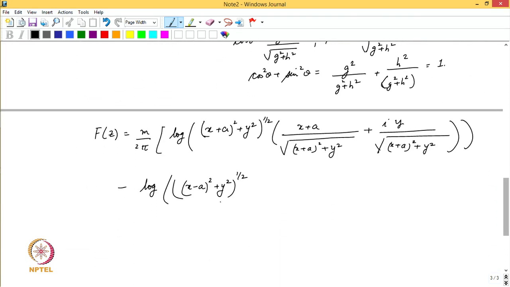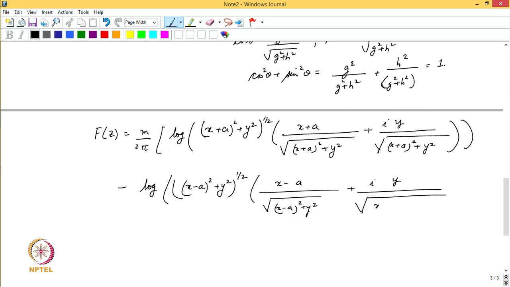So, this is square root of x minus a square plus y square into x minus a by square root of x minus a square plus y square, plus iota y by square root of x minus a square plus y square. Okay, this is what we should get.